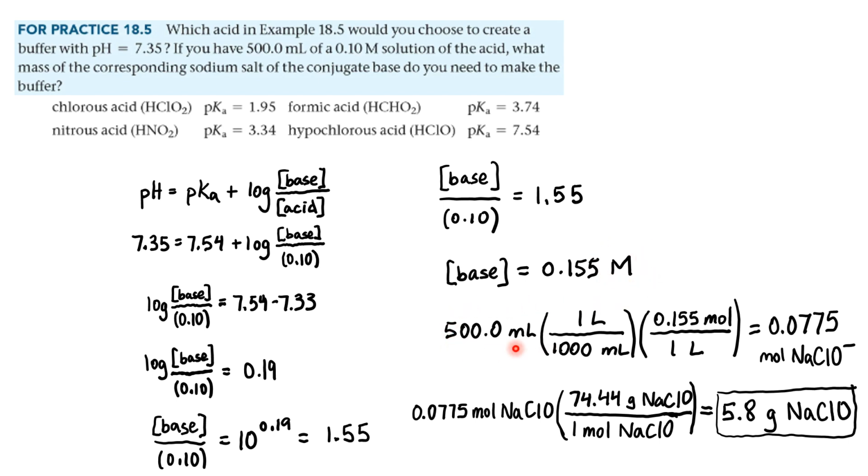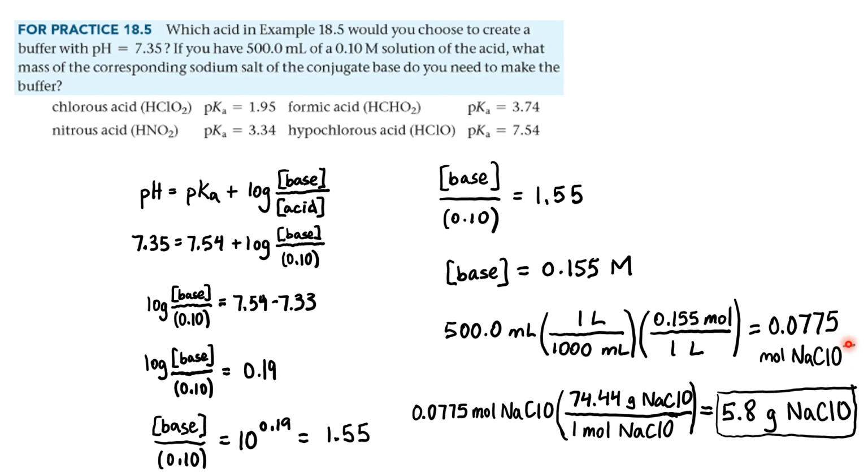You have 500 milliliters of this stuff, convert it to liters, and then use the 0.155 concentration to get moles of your sodium salt of this, right? It wouldn't be HClO, it would be now sodium NaClO minus, right? Which is sodium paired up with the conjugate base, ClO minus.